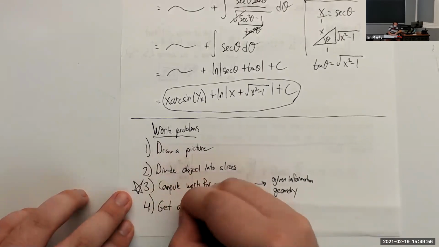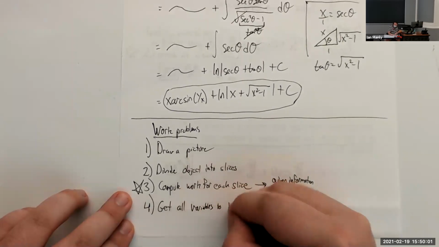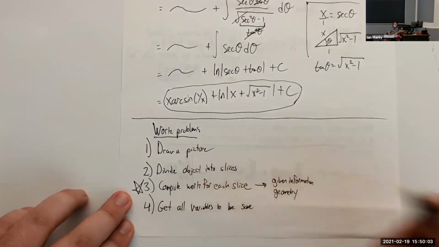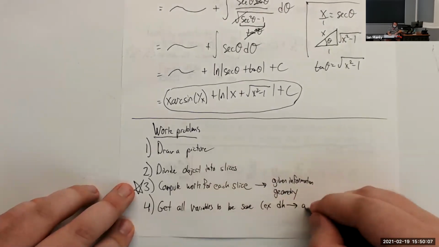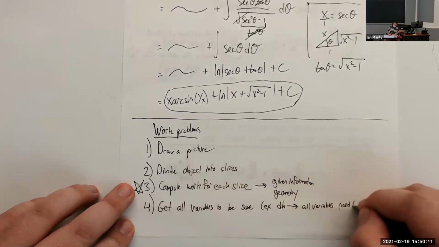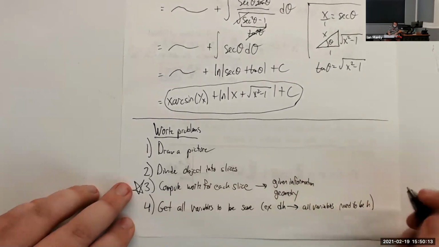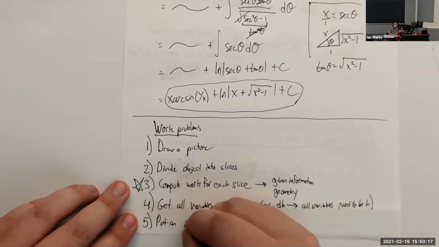Then we get all the variables to be the same. So for example, if we have a dh, then all variables need to be h. And then finally, put an integral sign on it.